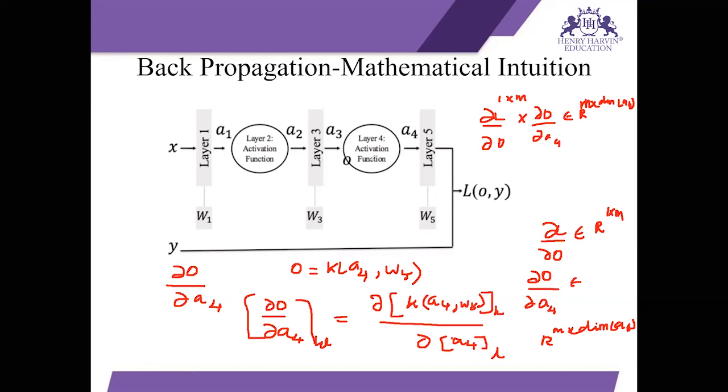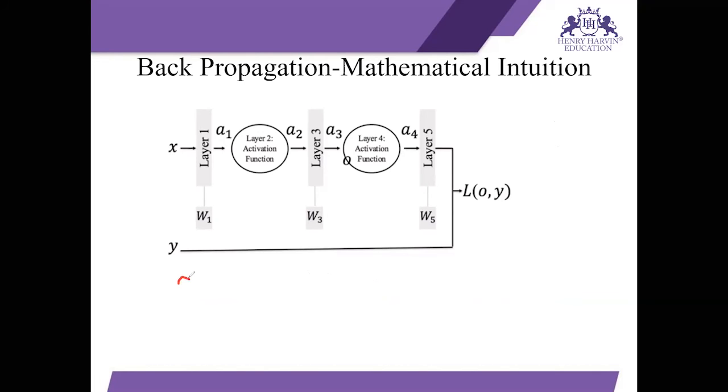So what we now also calculate is the Jacobian of the output of layer 4 with respect to the input of layer 4. The output of layer 4 is A4, the input of layer 4 is A3, and we compute a Jacobian, because it is a differentiable function. This Jacobian has dimension of A4 into dimension of A3.